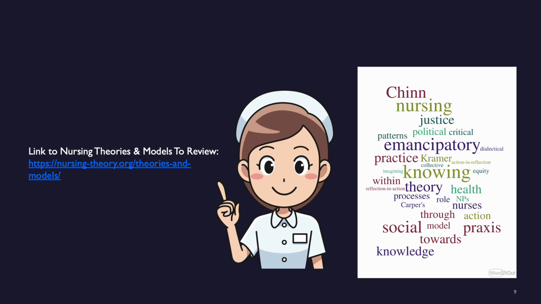There's adult nursing, public health or community nursing, family nursing, critical care nursing, perinatal nursing, holistic nursing, pediatric nursing, neonatal intensive care nursing, and the list goes on and on. Home health, psychiatric. The theories applicable to those areas of nursing are listed. You are going to choose two of those.